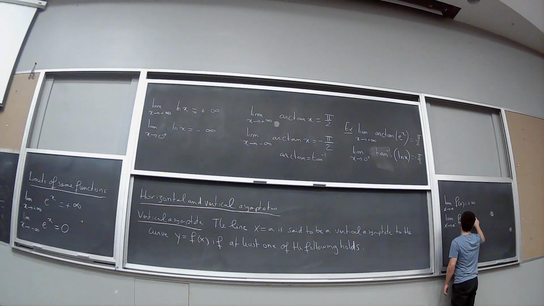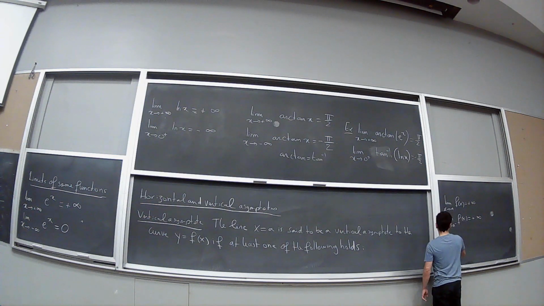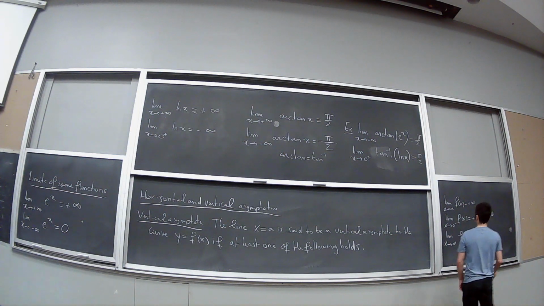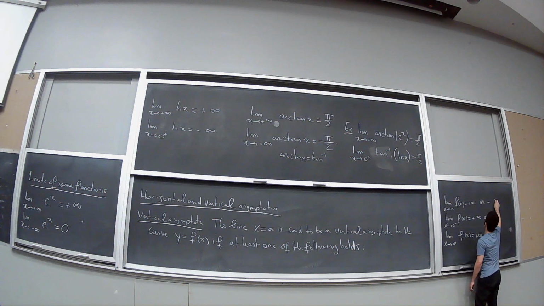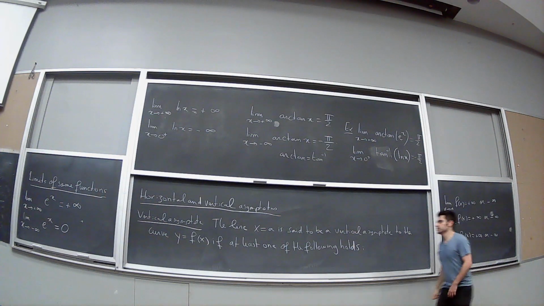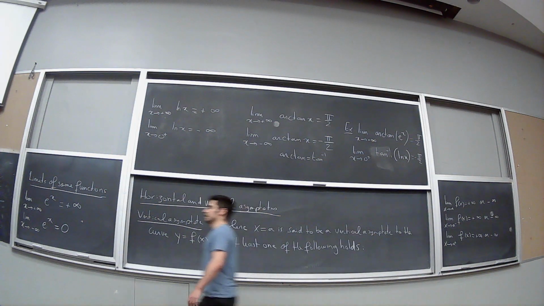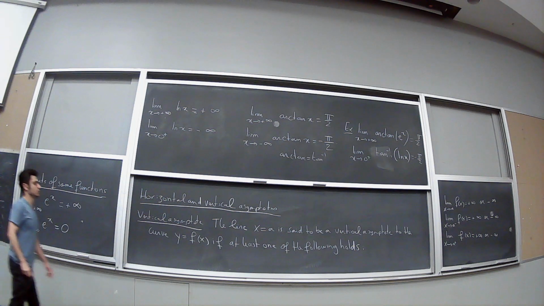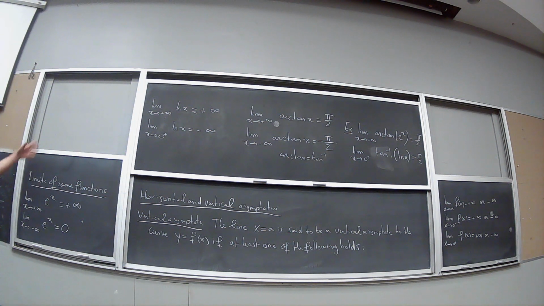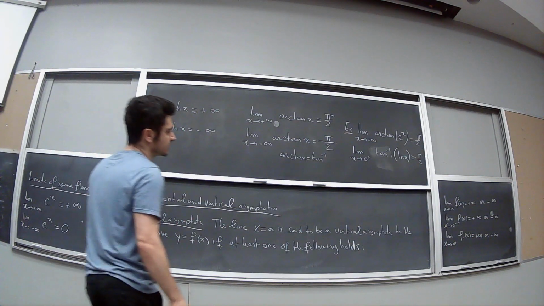Of course, here by definition, I am assuming that we can define the notion of limits. The vertical line x equal a is a vertical asymptote to the curve y equal f of x if one of these six limits holds.